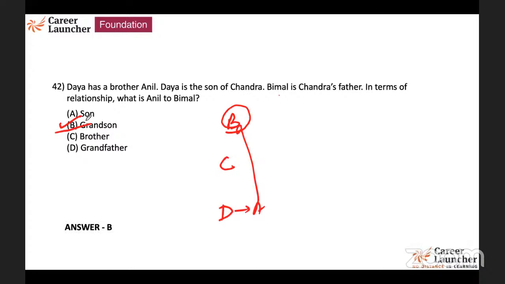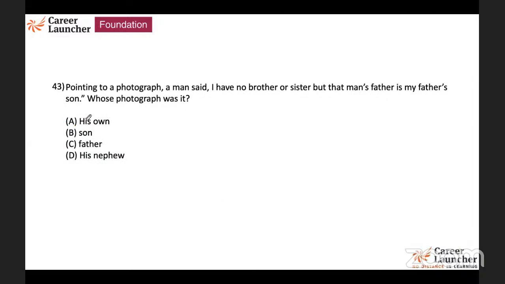If you read it, you will get your answer. Do this question. I'll give you a poll. Take 20 seconds extra, guys. Don't be in a hurry. Solve this question. Take 20 seconds and then solve it.